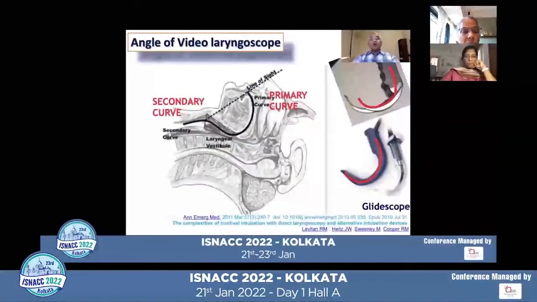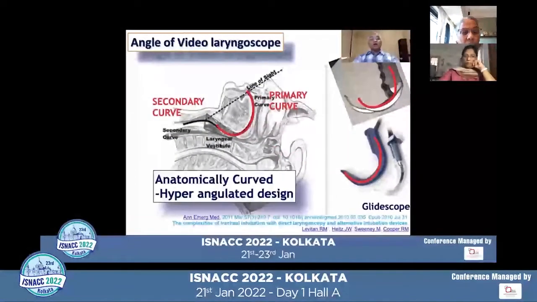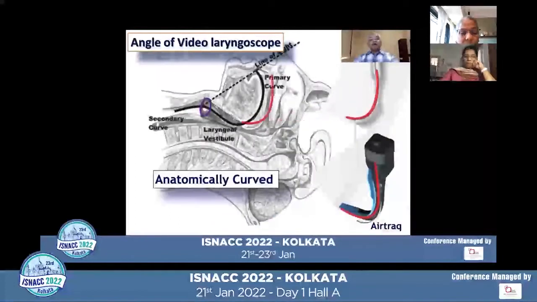So first to develop was a device which was anatomically shaped as per the oral cavity, but the device tip was almost pointing towards the vallecula, and we can call it a hyperangulated device. Second to develop, later on, to facilitate easy intubation, was a device which was still anatomically curved but not as much angulated, and it was pointing towards the vocal cords rather than the vallecula.